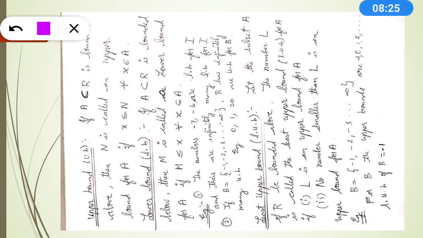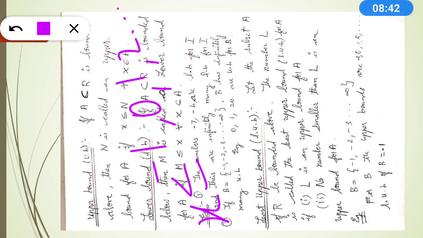For example, for the set B, I can have -1, 0, 1, 2, etc. These elements are greater than or equal to my given set of elements in B. Therefore this set is bounded above, and these elements -1, 0, 1, 2 are called upper bounds. I hope you understand.